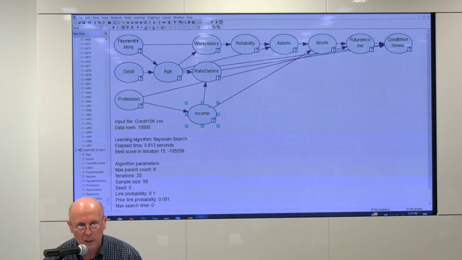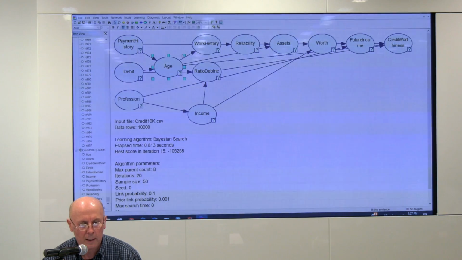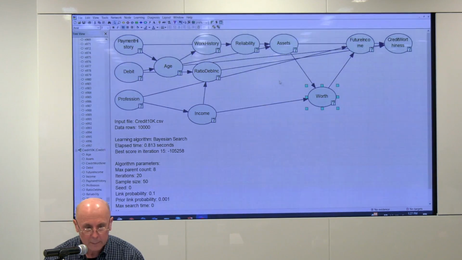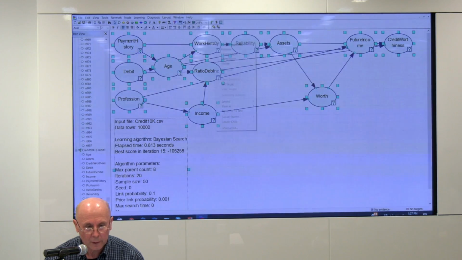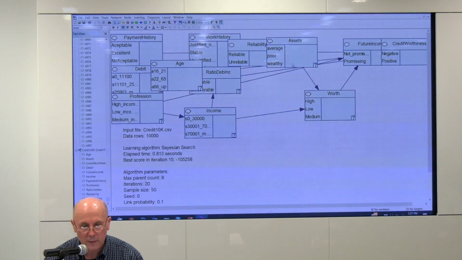Absence of arcs are independencies. There are ways for, of course, independence testing to know where the arcs are missing. There are also ways of orienting the arcs, because there are clear rules when things are independent, when things are dependent.